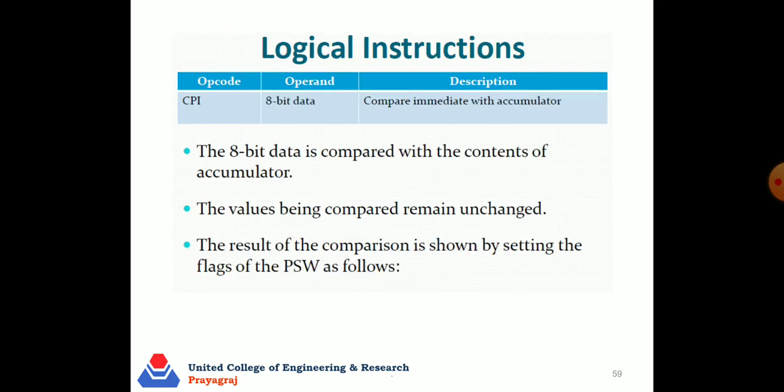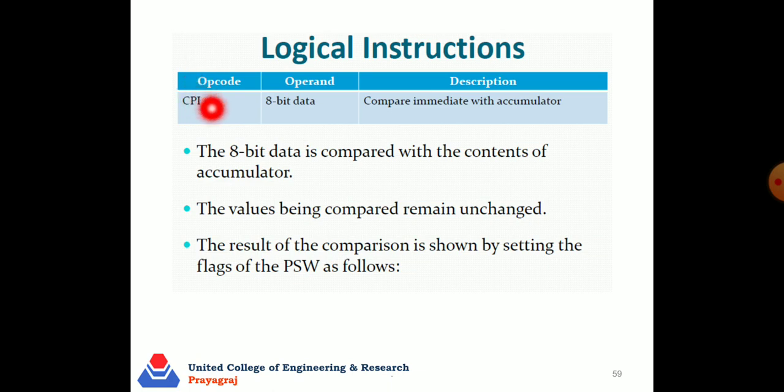Next instruction, CPI. What is CPI? I stands for immediate. As in previous lectures we studied ADI, SBI, ACI, I stands for immediate, where we require 8-bit data.